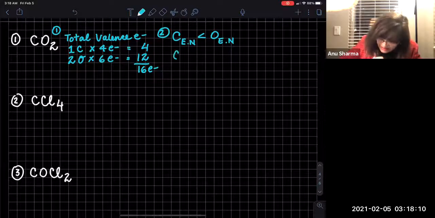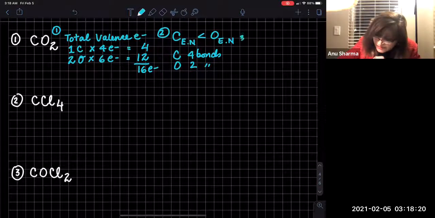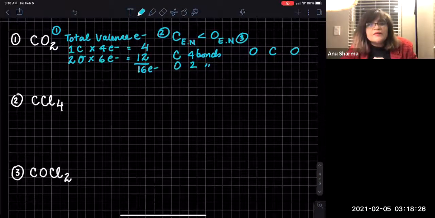Besides that, carbon makes 4 bonds and oxygen only makes 2 bonds. So that is why we will have step 3: carbon goes in the middle, one oxygen comes here and the other oxygen comes here.